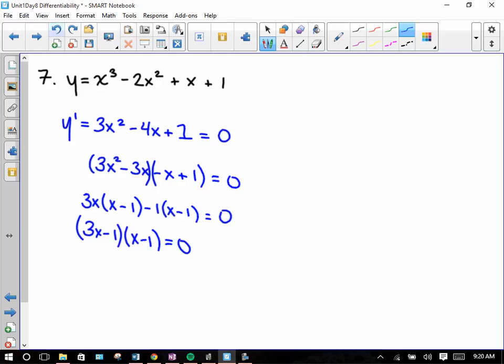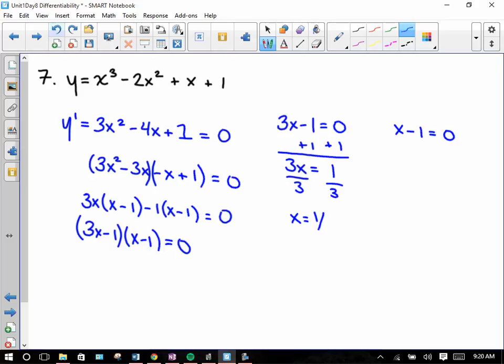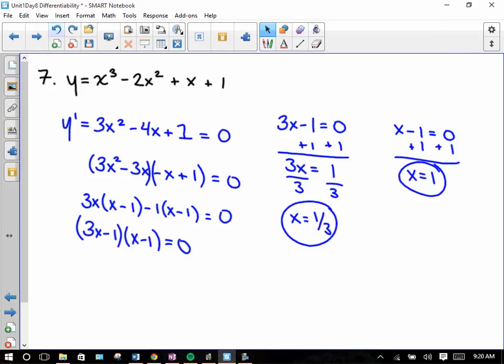So we set 3x minus 1 equal to 0 and x minus 1 equal to 0. 3x equals 1, divide by 3, x equals 1/3. Add 1 over here and you get x equals 1. So x equals 1 and x equals 1/3 are where your horizontal tangents are.